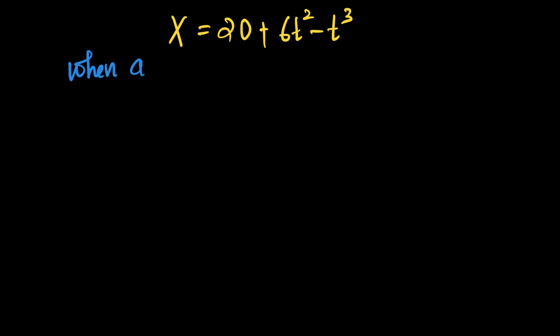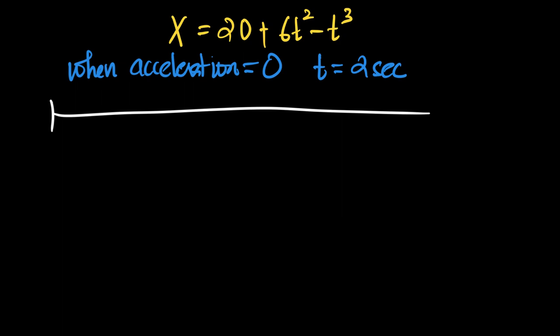It is also given that when acceleration is equal to 0, the time is 2 seconds, right? Now, if you try to understand this using a diagram, suppose the body is moving from A to B, from time t equal to 0 to t equal to 2 seconds.